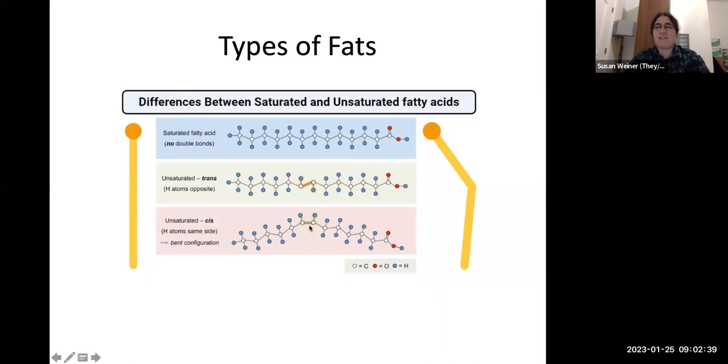So in a cis double bond, the hydrogen ions are on the same side of the double bond. And in a trans double bond, they're on opposite sides. When they're on the same side, you get these kinks, these bends that I was talking about in the tail. When they're on the opposite side, it goes back to being straight again, like a saturated fat.